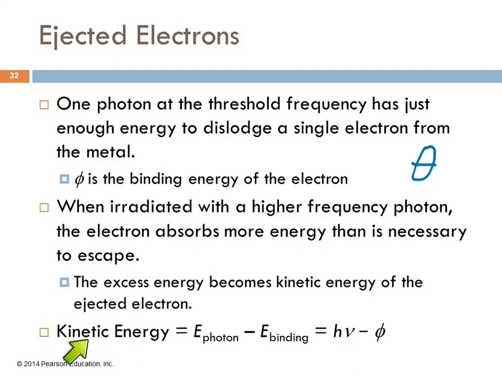So we can calculate the kinetic energy of that electron. The kinetic energy is going to be the energy of the photon of light that started it all minus the binding energy of the electron. The energy of the photon is h nu, and this, what I think is phi, is the binding energy of the electron.